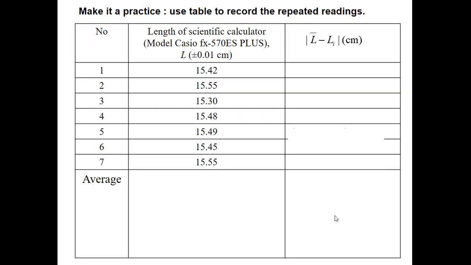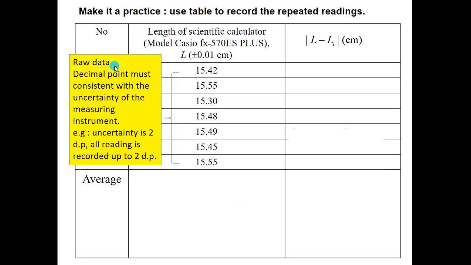So let's practice on this one. I have a table whereby I recorded 7 repeated readings to measure the length of a scientific calculator. You will notice that the decimal places of the raw data are consistent with the uncertainty of the measuring instrument.